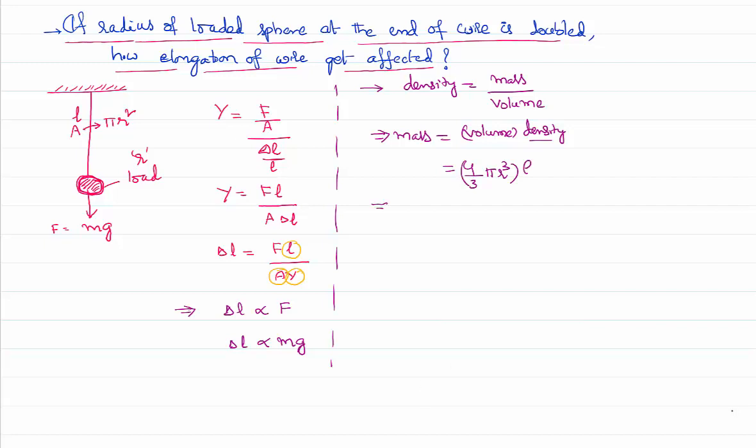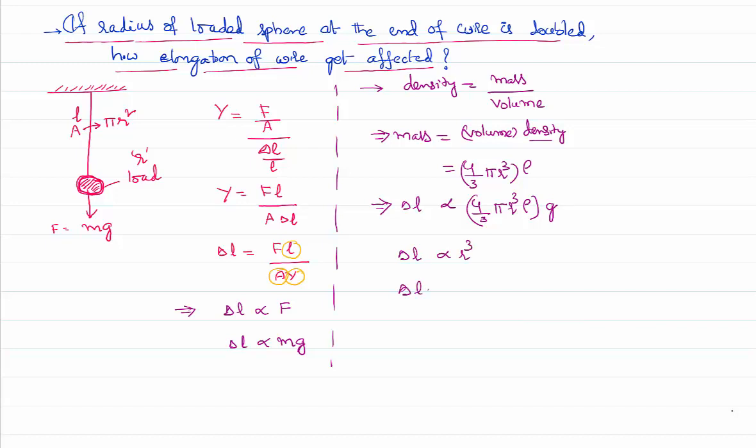So substituting this value, I can write delta L is directly proportional to, in the place of m, 4 by 3 pi r cube, where r is the radius of the suspended sphere, and density, and of course g. All the other terms are constant here other than the radius of the suspended sphere, r cube.